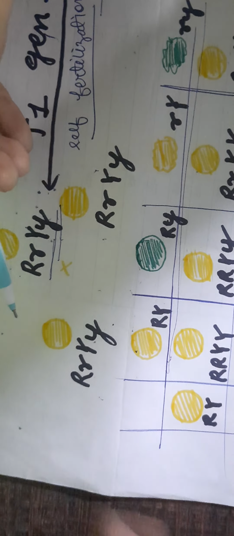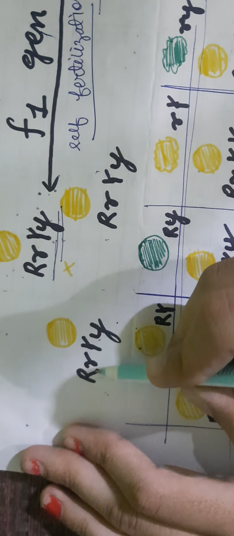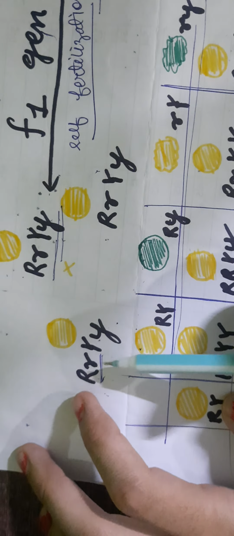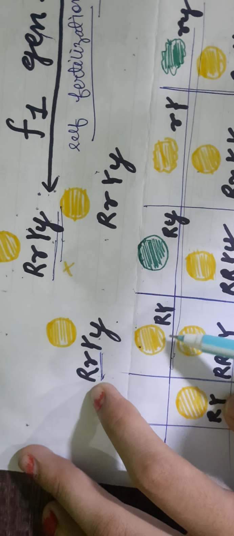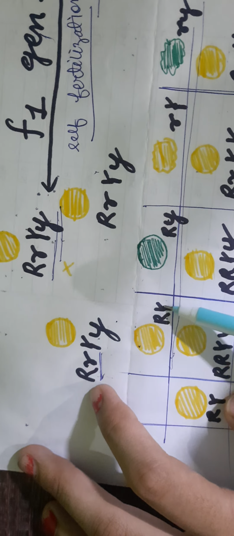Let me explain. Here, from these two, any one gamete will come in the progeny. Let us consider that this dominant capital R is going, and from this also the dominant one is going. That is one condition.